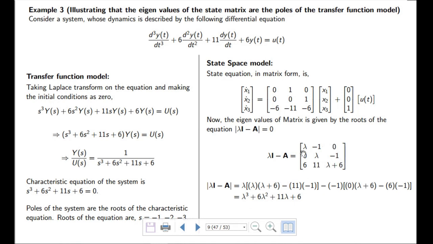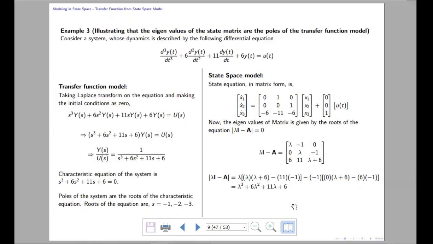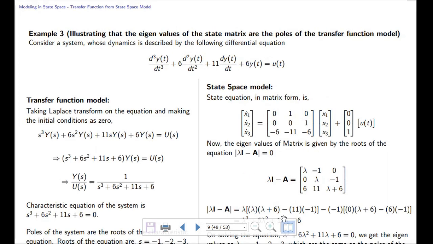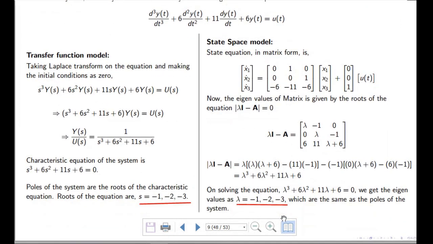Obviously, this is a third order matrix, okay, and therefore you will have a third order polynomial. So to get the eigenvalue you have to equate that to 0. This has to be equated to 0.